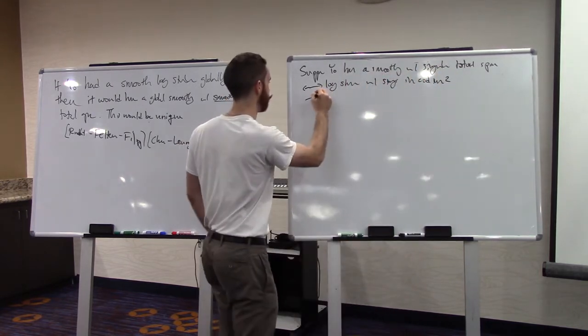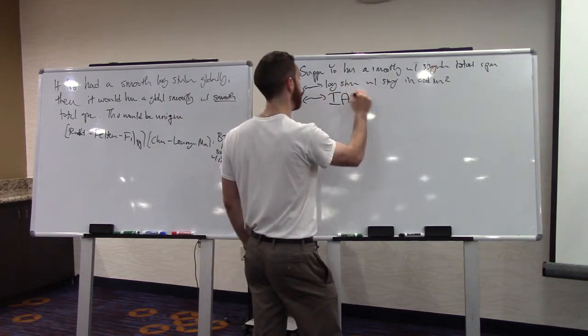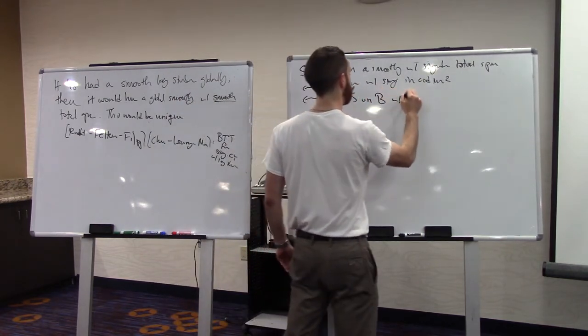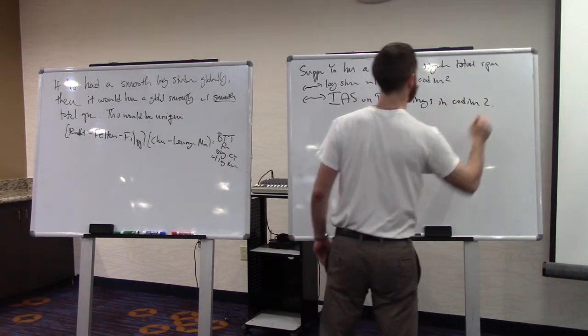And this is further going to correspond to some integral affine structure on B with singularities in codimension 2.